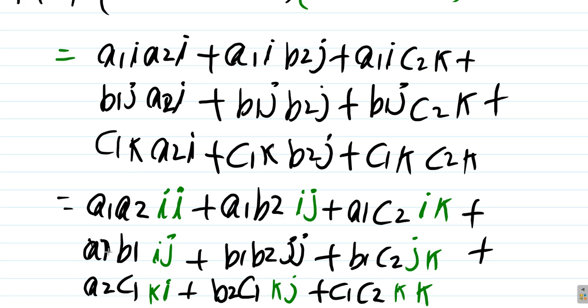So it's A2, B1, IJ, B1, B2, JJ, B1, C2, JK, then A2, C1, KI, B2, C1, KJ, then C1, C2, KK.